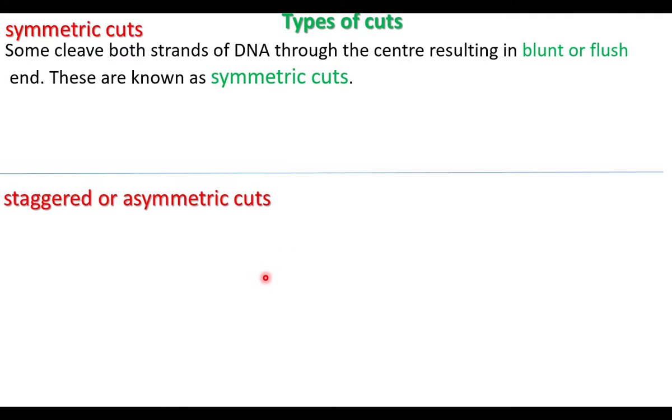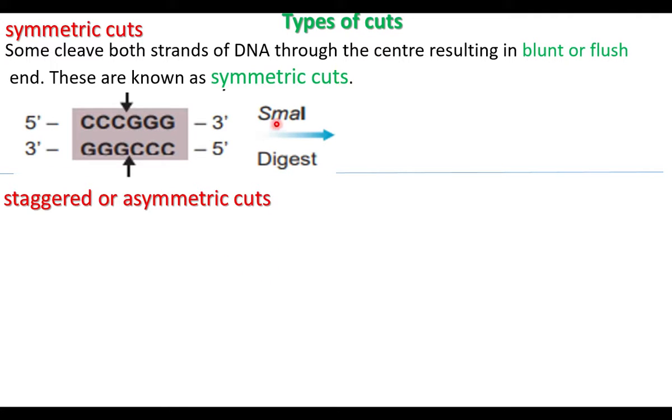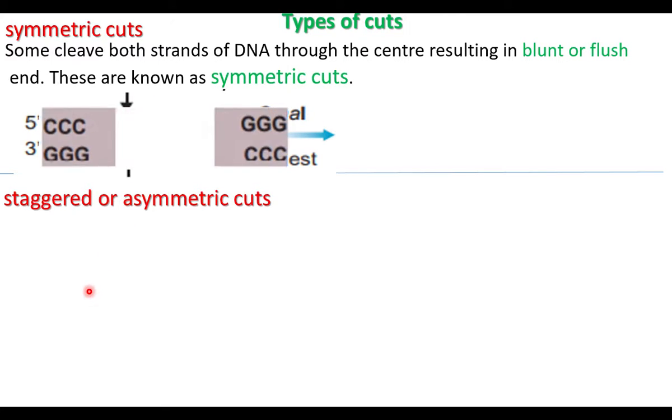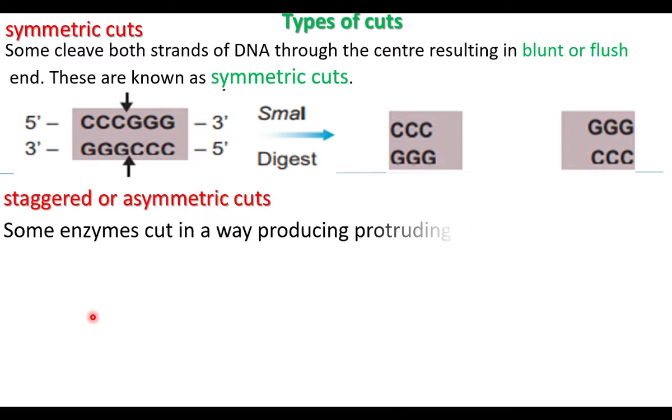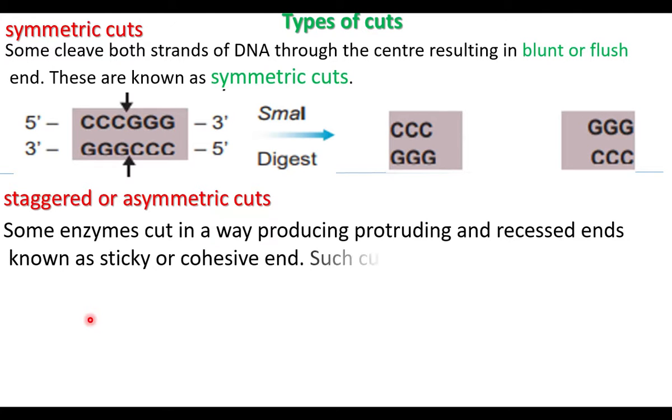Let us see the example. SmaI is a restriction enzyme. It makes symmetric cuts producing blunt ends. Staggered ends are produced by EcoRI. Some enzymes cut in a way producing protruding and recessed ends, known as sticky or cohesive ends.